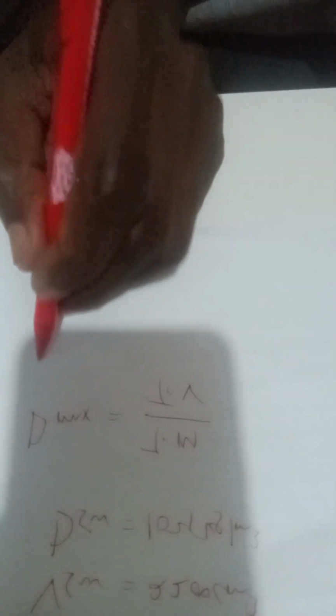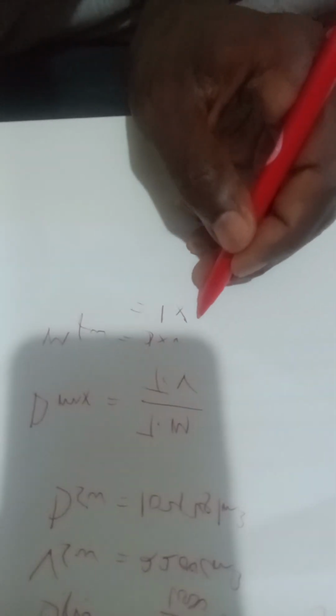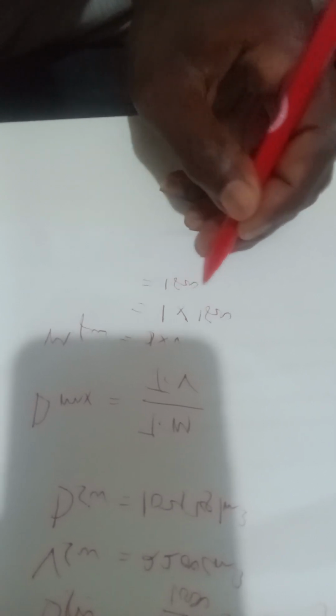So I want to get mass of fresh water. If density is mass over volume, mass is equal to density times volume, and this density of fresh water is 1000 kilogram per meter cubed. I have to divide it by 1000 to get it into gram per centimeters cubed. That will be 1 times 1800, which is 1800 grams.